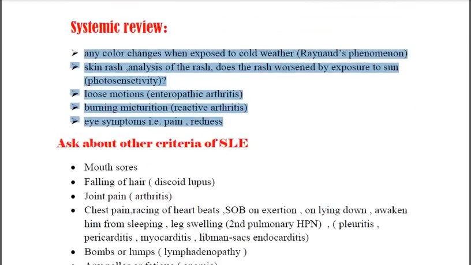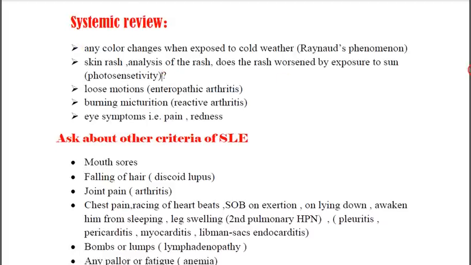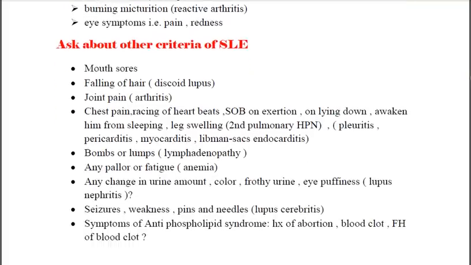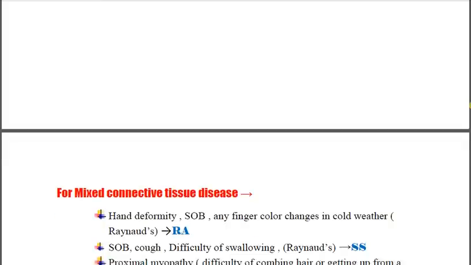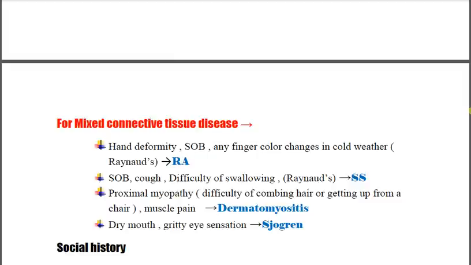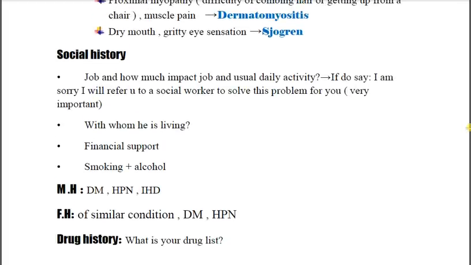The other systemic review would be the same also for this joint pain. Criteria for SLE, as we discussed before. Symptoms of other mixed connective tissue disease, social history, medical history, family history, drug list.